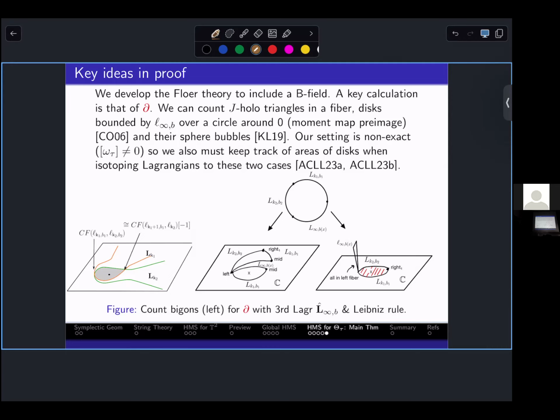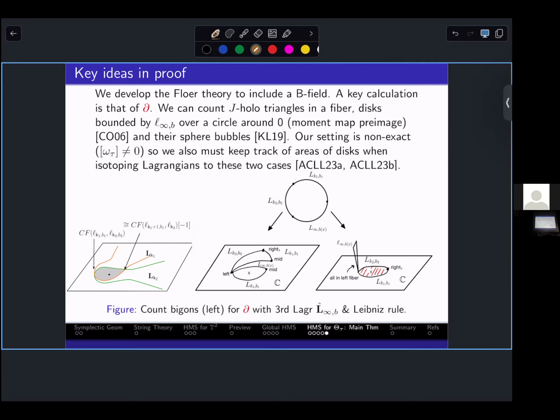So in order to do that, we can count J-holomorphic triangles in a fiber, that's this one. We can count disks bounded by L infinity over a circle around 0, which we do see at the top. Here the top Lagrangian is LK2. Here the top Lagrangian is L infinity. So we can deform this Lagrangian until it's a curve around 0.